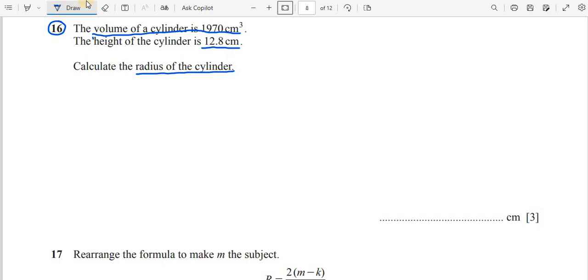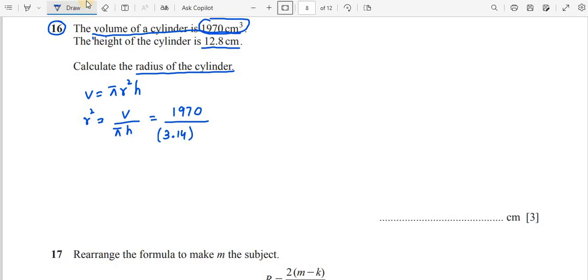The formula is V is equal to pi R square H. To calculate R, separate R. R square is equal to V over pi H, where V is the volume, 1970, over pi, which is 3.14, multiplied by the height, 12.8 centimeter.